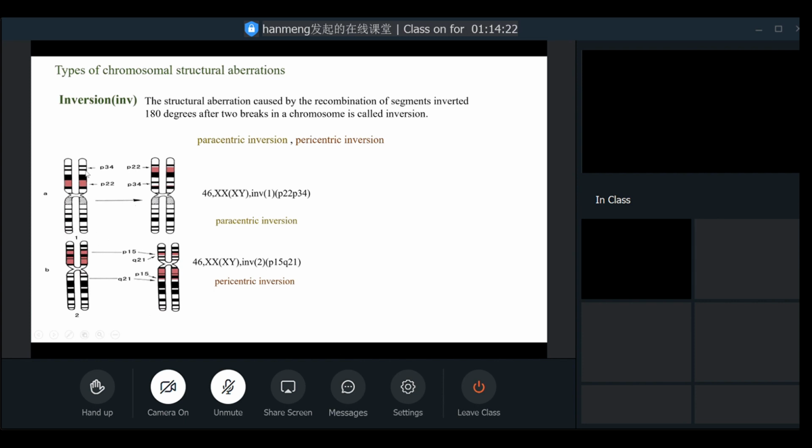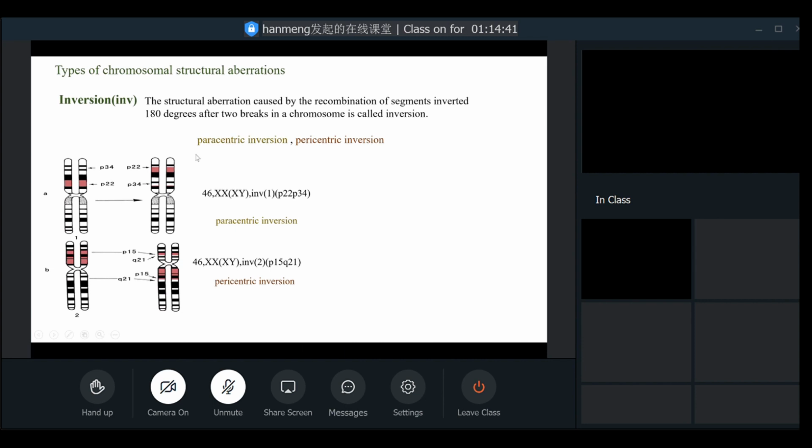The fragment from P22 to P34 has breakage, and then the direction of the fragment is opposite to the original, from P34 to P22.